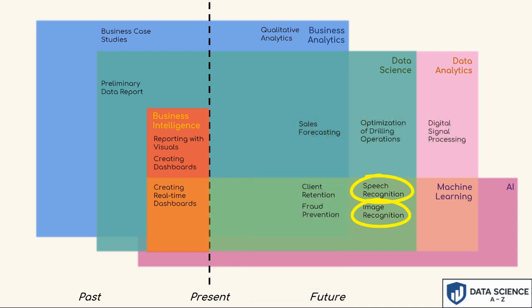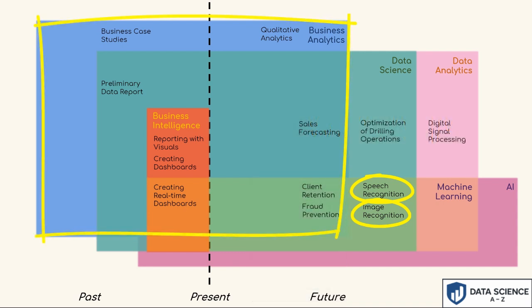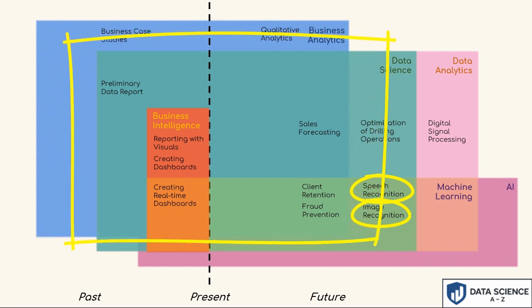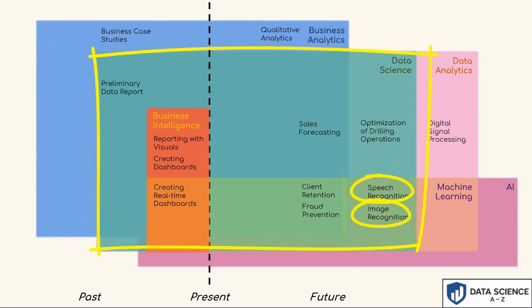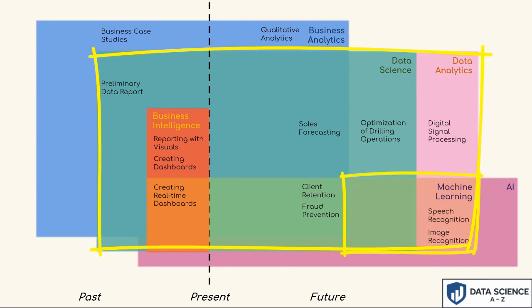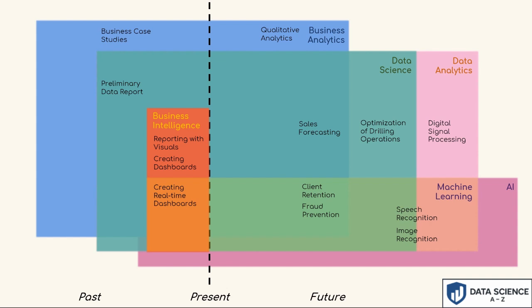Naturally, these two examples are outside the business context, and it is debatable whether they could be placed under the umbrella of data science, data analytics, both, or neither. As it is a hot topic for discussion right now, we think they are worth mentioning. However, to avoid further confusion and disputes, let's take speech and image recognition out of the picture.